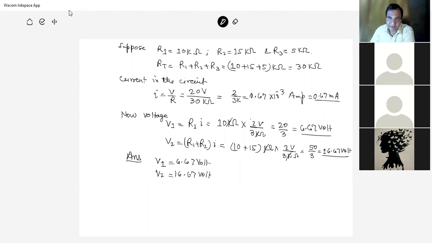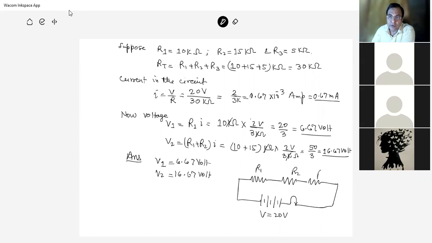So what do we find? By the application of these resistances in the circuit with this key. Suppose the supply V is 20 volt, and here are the resistances R1, R2, R3. The voltage at this point is 6.67 volt and at this point is 16.67 volt.